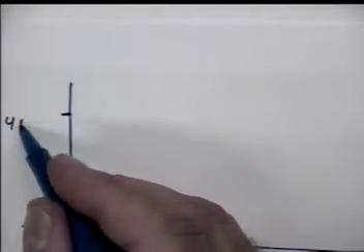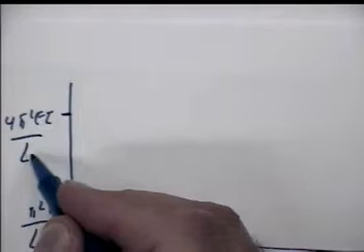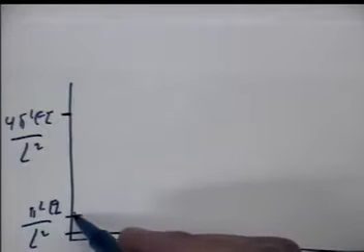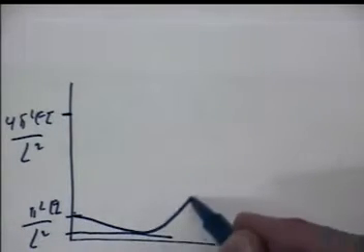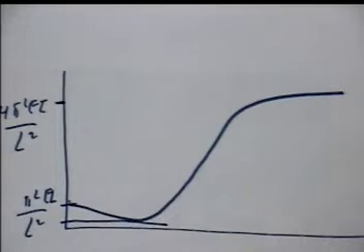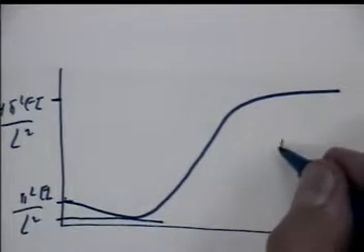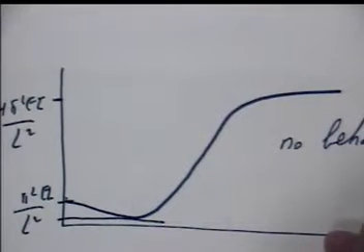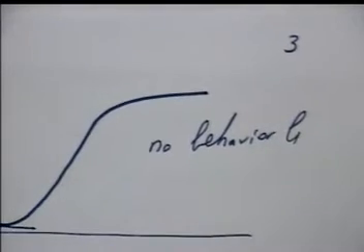This is 4 pi square EI over L square. That is this 1/4. So she says that there is no behavior like this, for example. Okay? No behavior like this.